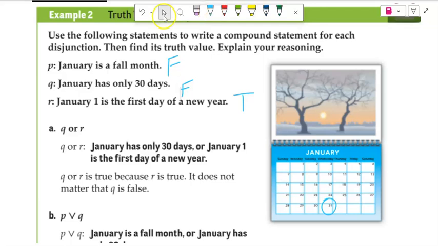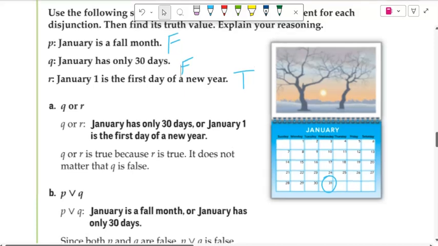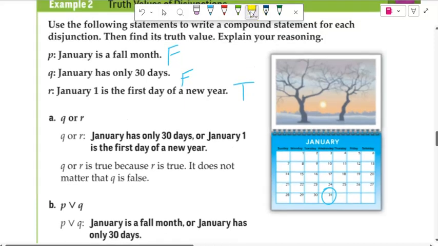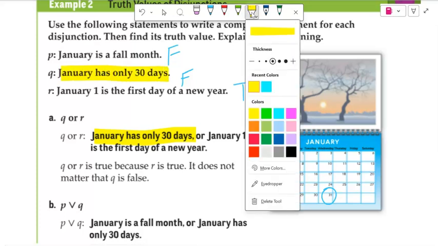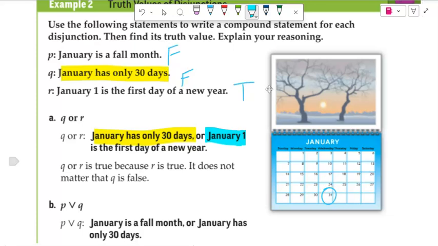And we're going to write an or statement. Okay, we'll just do part A. Q or R. January has only 30 days, which I just copied from here, or January 1st is the first day of a new year. Right? So we just put that word or in the middle. Because it's an or statement, only one statement has to be true for the whole thing to be true.